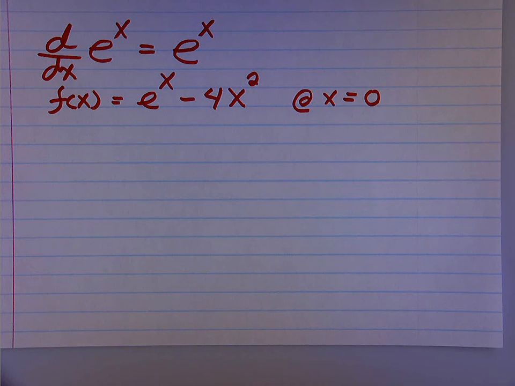So to find the equation of a tangent line, I need two things. I need a point, and I need a slope. I always need that to find the equation of a line.